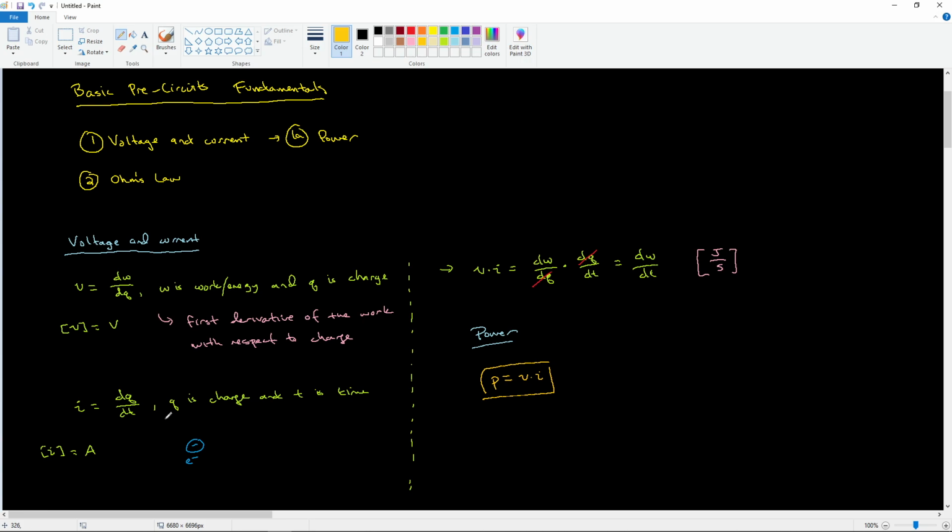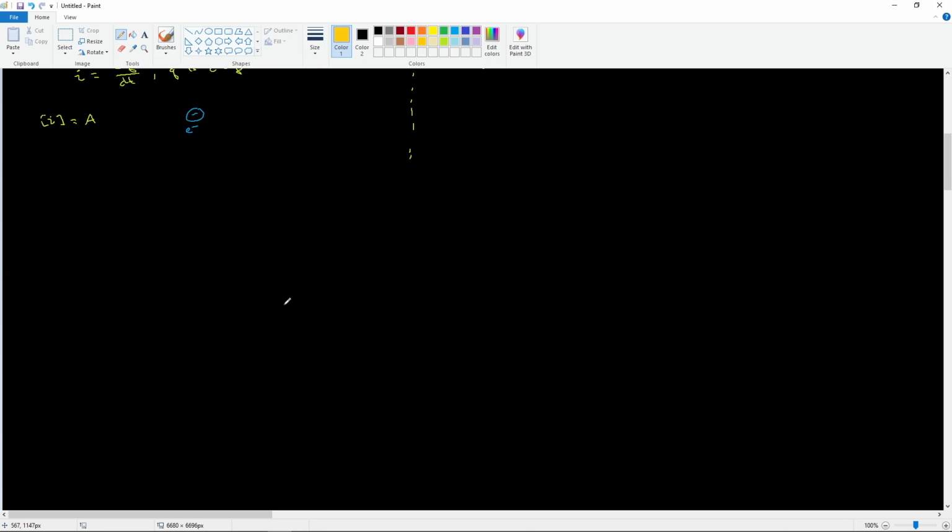Okay. And then there's another thing that we can use to link voltage and current directly, other than power.